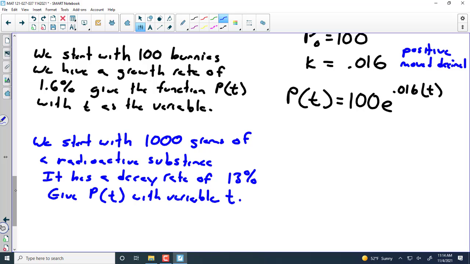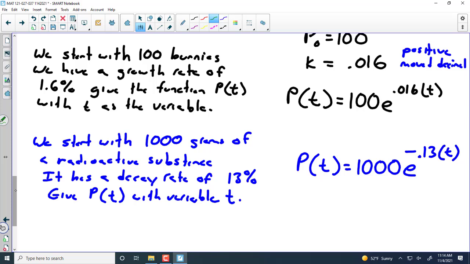How much do I start with of this radioactive substance? 1,000 grams, so I put 1,000 here. e is just e. What do I write for k? 0.13. Close. Negative. No, my bad. That's all right. Negative 0.13. Why do you know it's negative? Decay rate. Because it says decay. Because the problem says decay, that's how you know to make it negative. That's the trick.